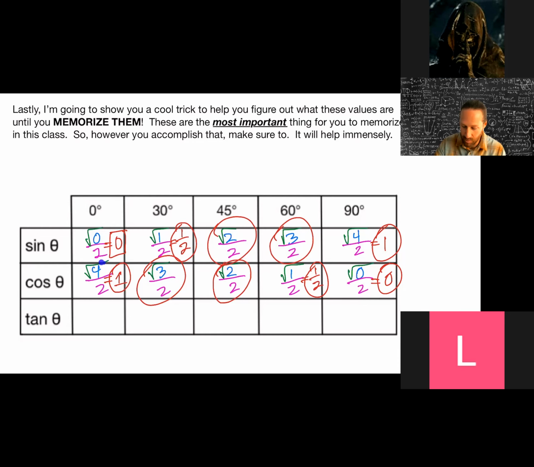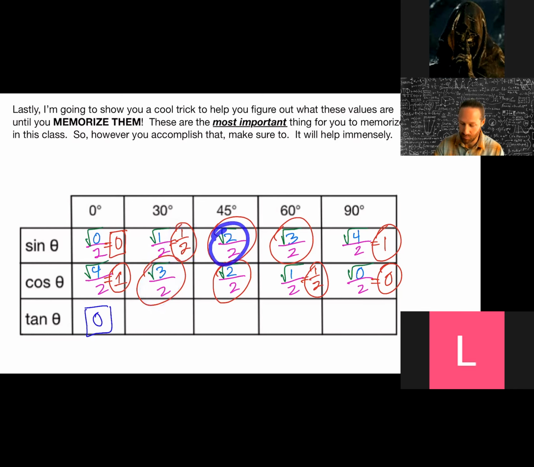Now careful, we know 0 over 1 is what? Good class, 0. All right, what's the next easiest one? Do you know what 1/2 over root 3 over 2 is? Me neither.